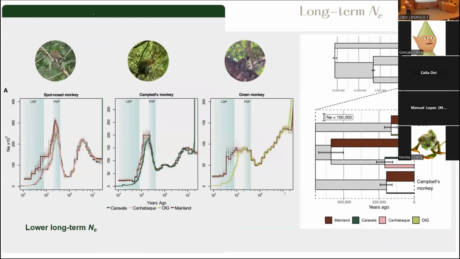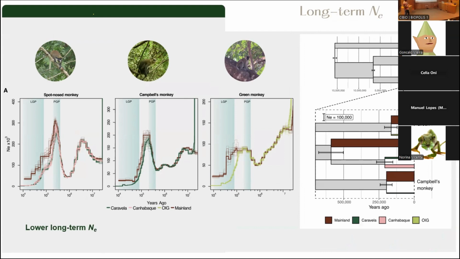So then we looked at long-term effective population size. And again, regardless of the method we use, in this case we can see the results from PSMC, and on the other plot, the results from BPP analysis, which is also a modeling approach, but it's more used for speciation. We can discuss it later as well.